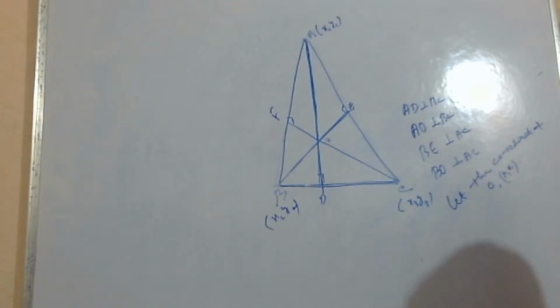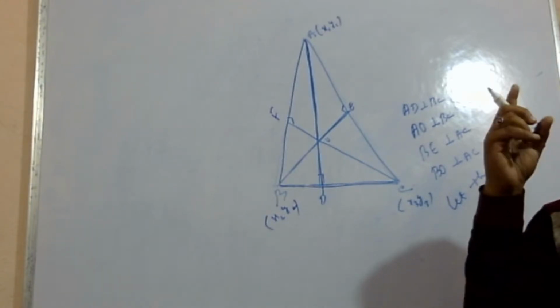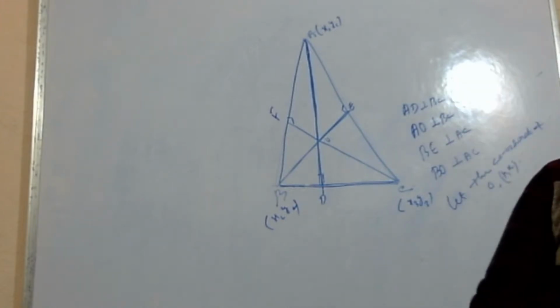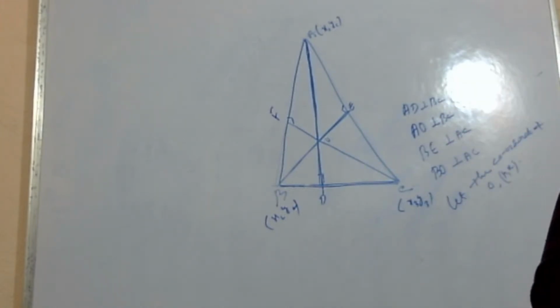Now, if two lines are perpendicular to each other, then the product of their slopes is minus 1.